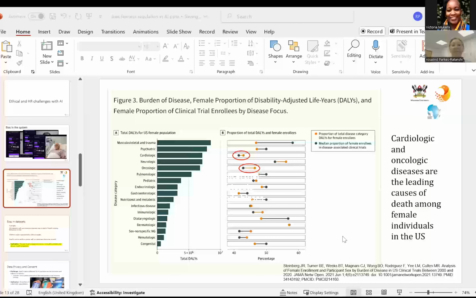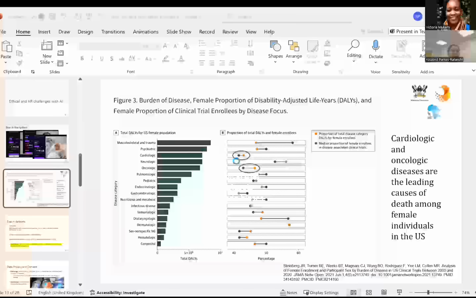Okay, and then redo the slideshow. Okay, so what this is trying to show is American data. This is US data, okay?